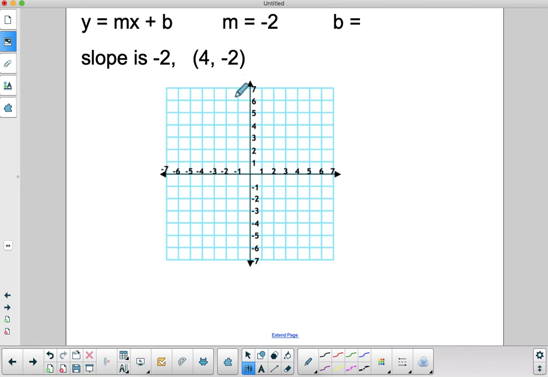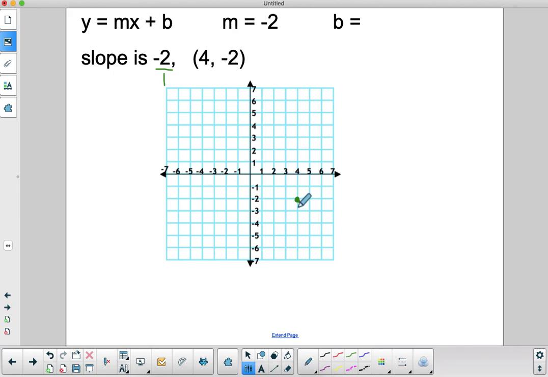So if we go to (4, -2), that means 4 on the x, -2 on the y, we have this point here. With a slope of -2, our rise is -2, our run is 1. So rise over run for slope. That is a big concept. Keep in mind, slope is rise over run. How far up or down you go, and then how far to the right.